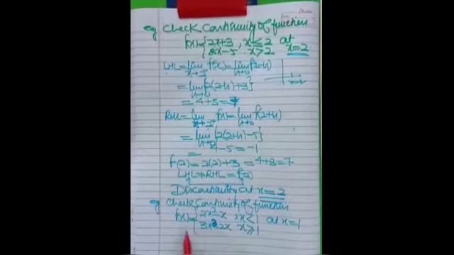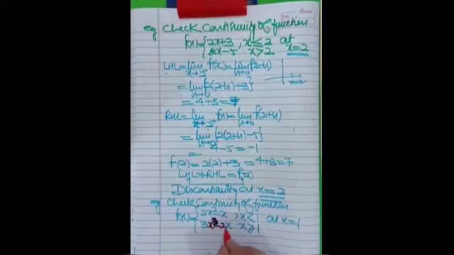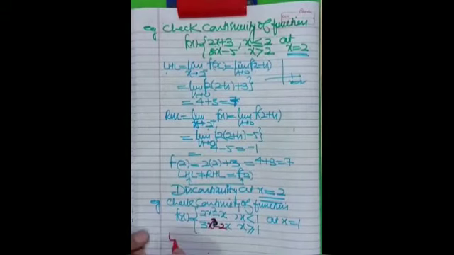Now children, come to another problem. f(x) is equal to 2x square minus x when x is less than 1, and 3x cube minus 2x when x is more than 1. How can we check the continuity? LHL.